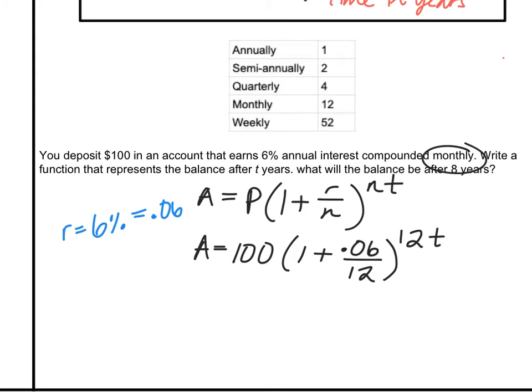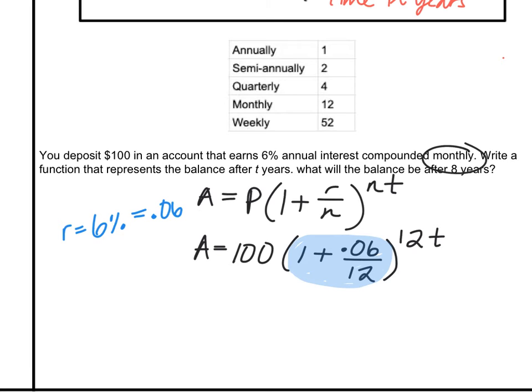Plug everything in. Second thing, in your calculator, you're going to type in this entire part. 1 plus 0.06 divided by 12. Type it in now. We're going to simplify this. 1 plus 0.06 divided by 12 should get you a nice little decimal, 1.005.